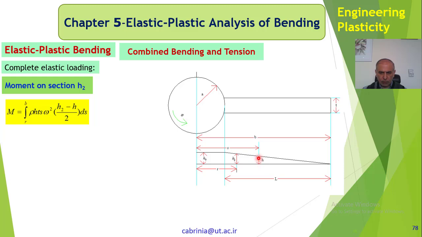Now if we look at these cross sections H and H2, then the difference between these two, let me use my pen here and draw something simple, this H2 minus H gives me that section.